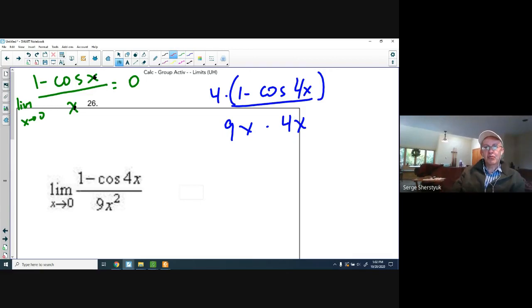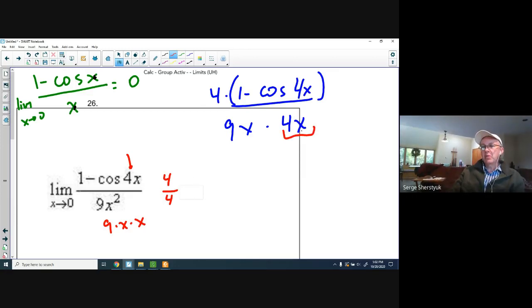Let's just go through it again. I didn't change this. I'm focusing on the 4. If I multiply the top and bottom by 4, I'm not changing anything. The reason I'd like to multiply it by 4 is that I split this up as 9 times x times x, and the 4 will combine with this x, and there it is.